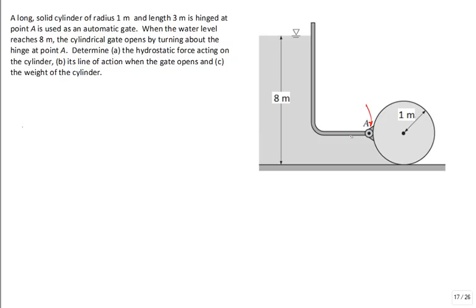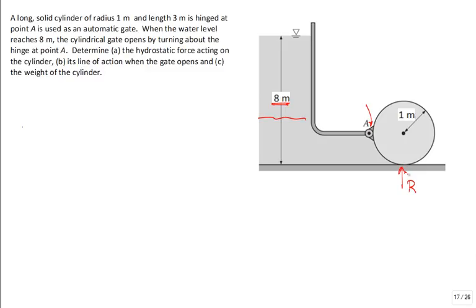When the water level reaches 8 meters, the cylindrical gate opens by turning about the hinge at point A. So if the water level is low, it sits on the floor and seals. And if you do a free body diagram of the cylinder, there is some force that the concrete floor has to exert to hold up the cylinder.